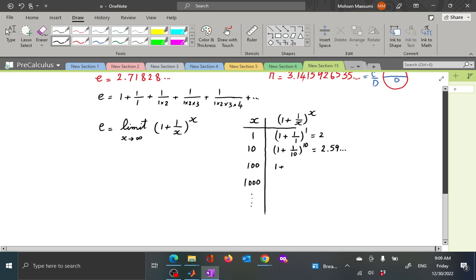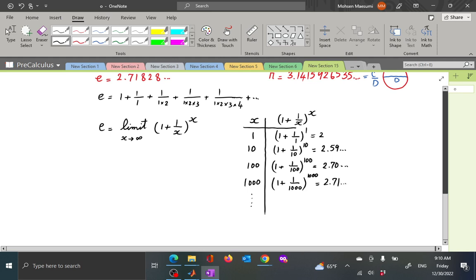Now, if you use a higher number, you come closer. 1 plus 1 over 100 to the power of 100 turns out to be almost 2.70. If you go to 1,000 to the power of 1,000, this almost becomes 2.71, etc.